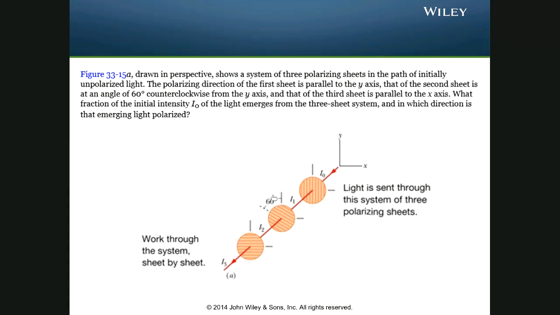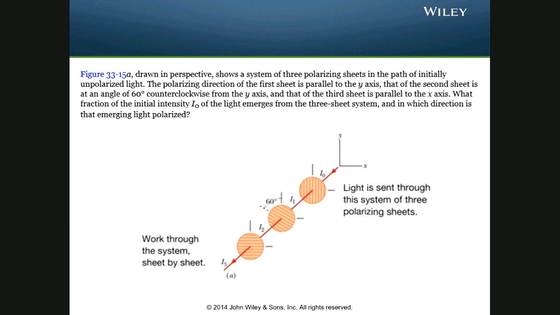But now we want to do our example, and we want to see what direction the emerged polarized light is in and what the intensity is, okay? So we want to see what fraction gets through. So let's take a look. Oh, that's a cool spot there. So we want to be sure we have everything correctly.